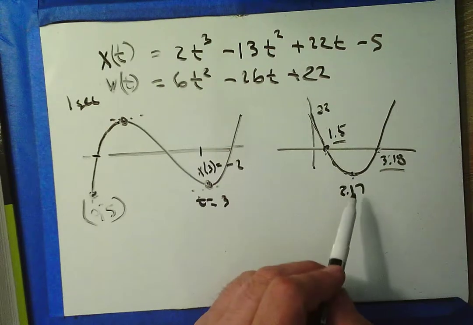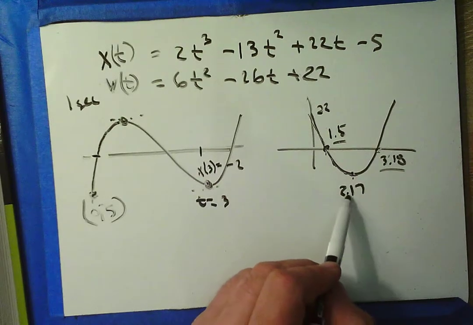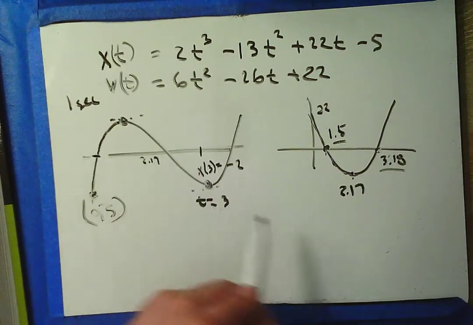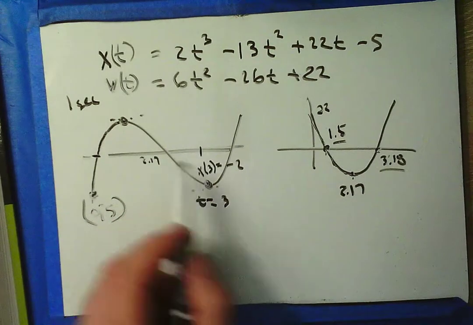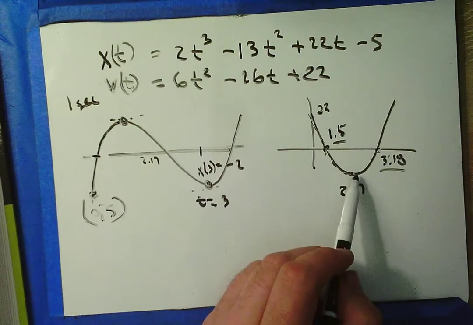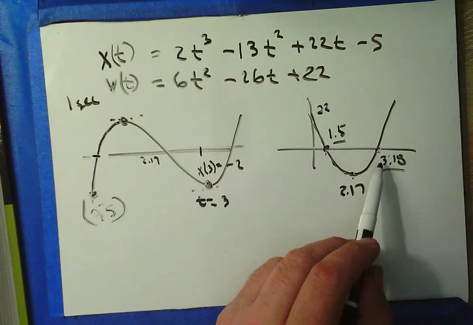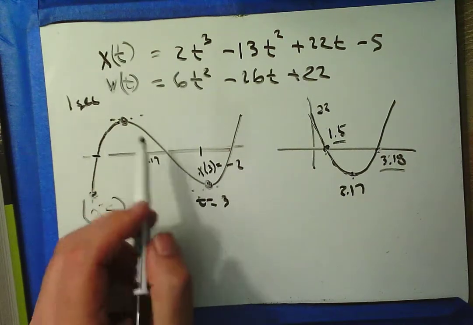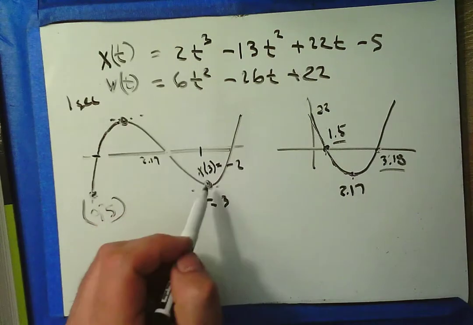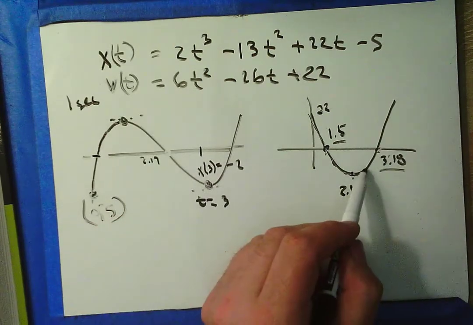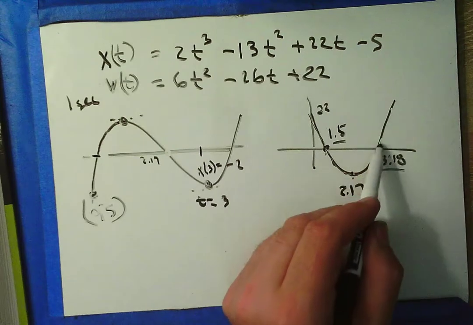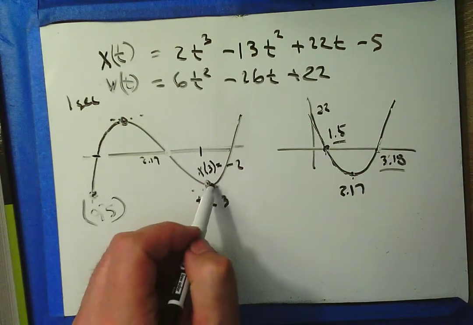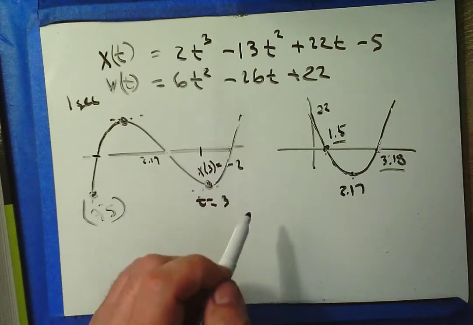We reach our maximum to the left at 2.17. And then we start heading back to the right. Oh no, I'm sorry. We're still moving to the left, right? All these negative slopes, we're moving left, we're moving left, we're moving left. Okay? And then we start moving to the right again because velocity is positive and because slopes are positive. So we're moving to the right, moving to the right, moving to the right.